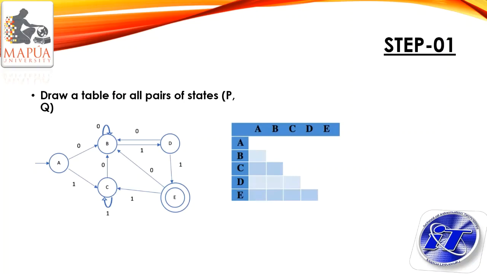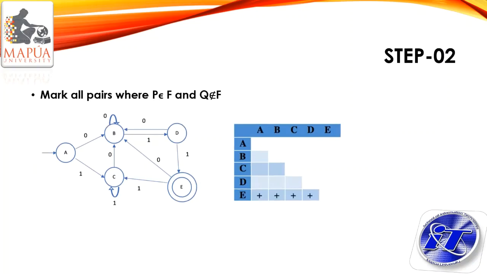In step two, we're going to determine the pairs where one state is non-final and the other state is final. If we have this scenario, we're going to mark that cell. For example, we have the pair B and A. Based on our DFA, they are both non-final, so we're not going to mark it.